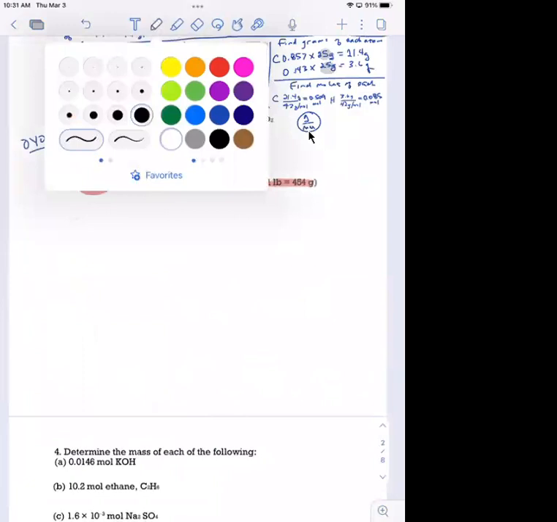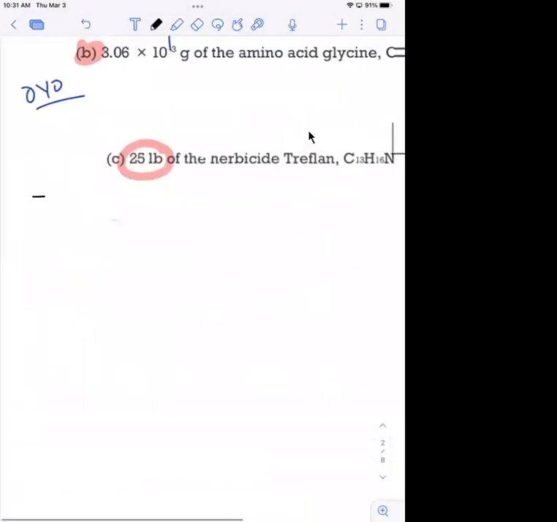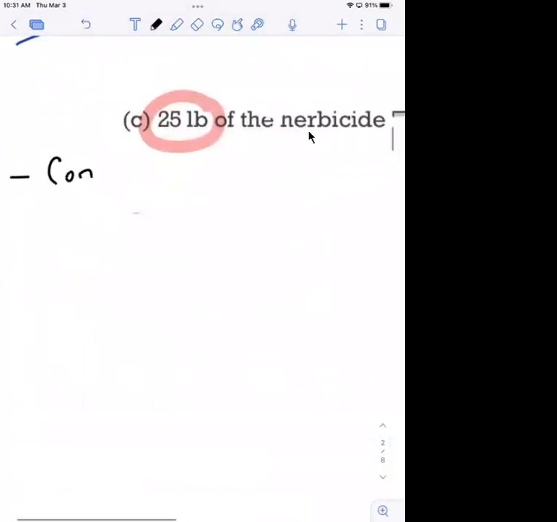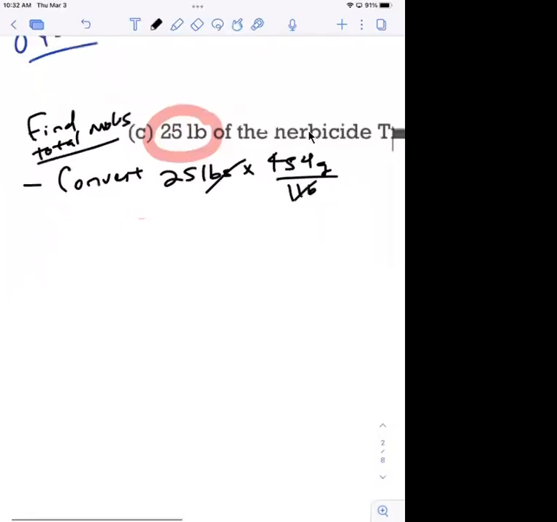So first thing to do here is convert pounds into grams, because the first thing we're going to do is find the moles. So we're going to convert 25 pounds times 454 grams over 1 pound. So pounds is going to cancel.